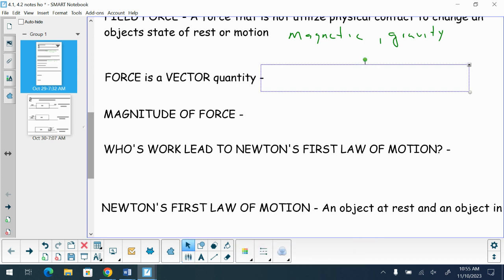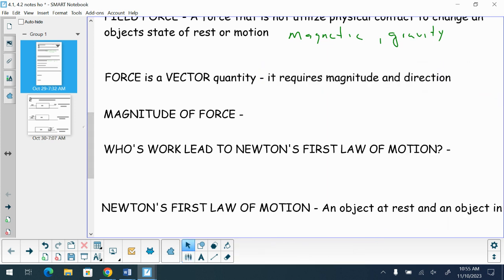Force is a vector quantity. It requires a magnitude and it also requires a direction.